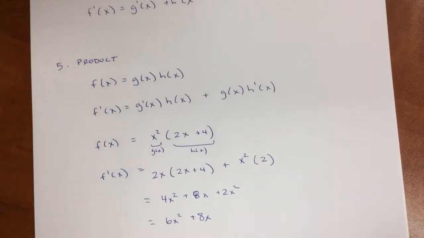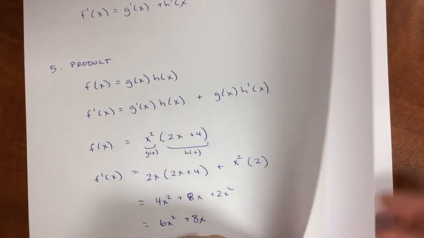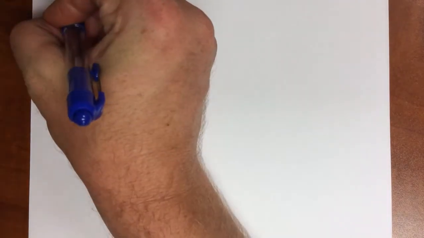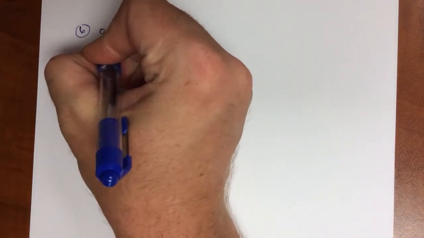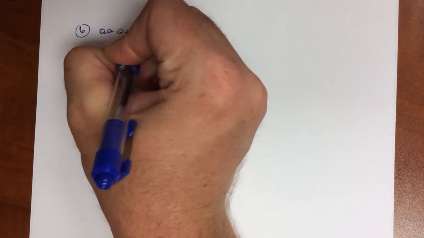Now the last rule. This is the fun one. This is the one that looks daunting, but we'll sing a little song and hopefully it won't be so bad. This is rule number 6. We'll spell it correctly. Maybe. The quotient rule.